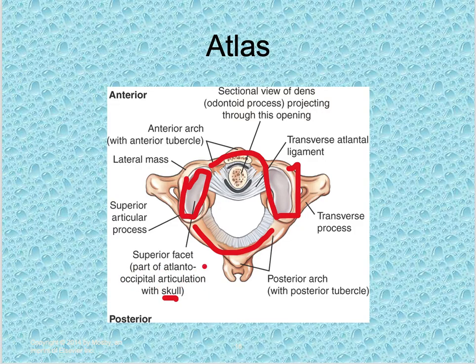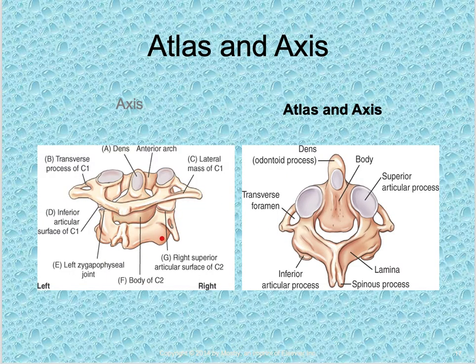Okay, so remember C1 is going to have an atlanto-occipital articulation with the skull, and then the articulation that it's going to have with C2, it is either a zygapophyseal joint, or we can also call it the axial atlantal joint, or the axis atlantal joint, either one of those.